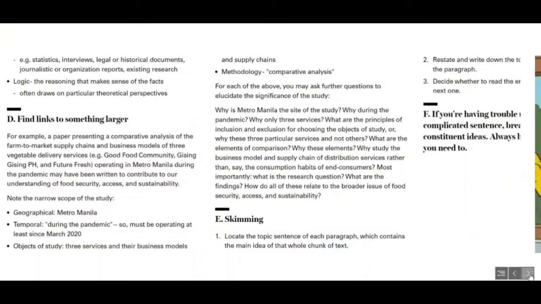And then another way of limiting the object of your study or limiting the scope of your study is clearly explaining what is your methodology. So, for example, here, the methodology can be broken down into method and logos or reasoning for.